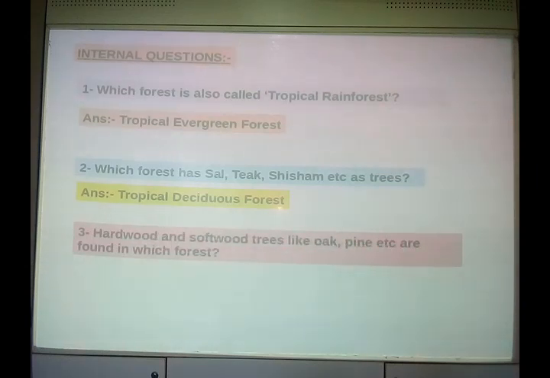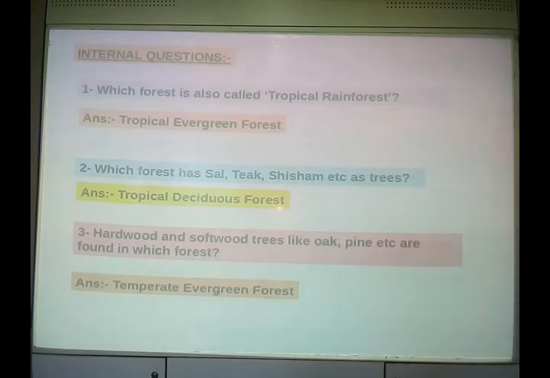Hardwood and softwood trees like oak, pine, etc. are found in which forest? Yes, so oak, pine, etc. are found in which type of forest? These hardwood and softwood trees are the characteristic of, yes, it is temperate evergreen forest.